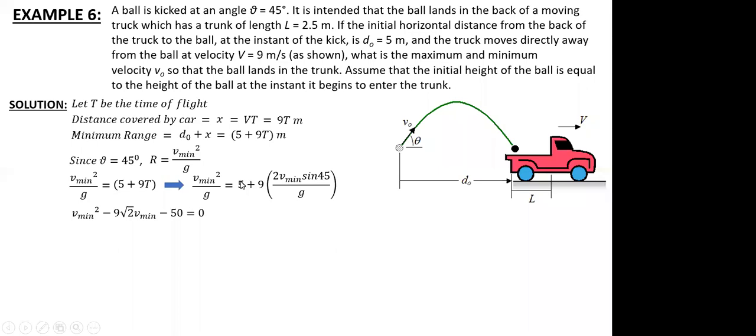And since it is plus, on the other side, it will become minus. So I got a quadratic equation. Once I solve this quadratic equation, I get the value of the velocity as 15.87. You can use the formula method, minus b plus minus root of b square minus 4ac by 2a. So this is the minimum velocity of kicking by which it will land at the first end of the trunk.